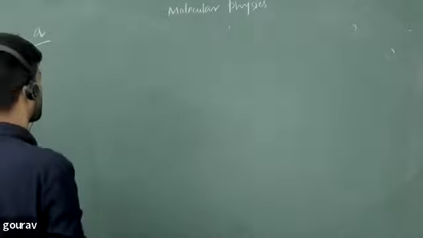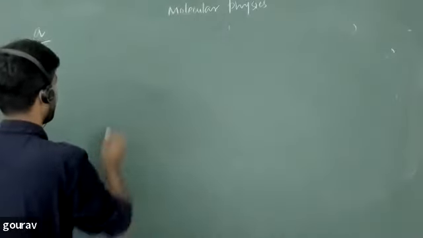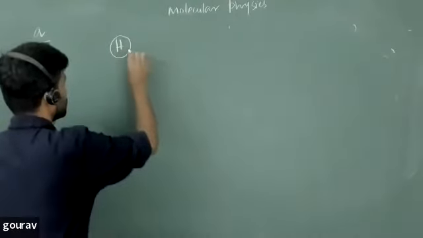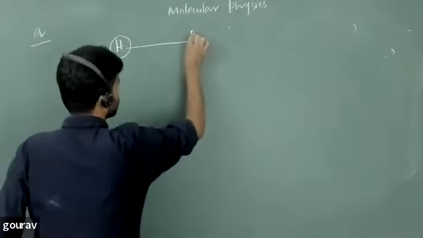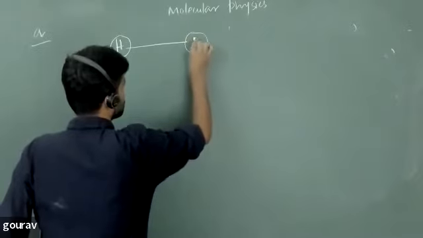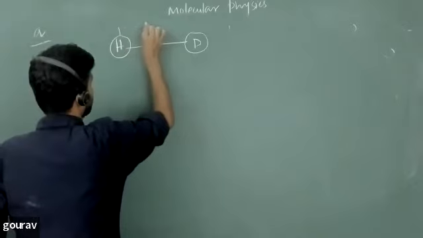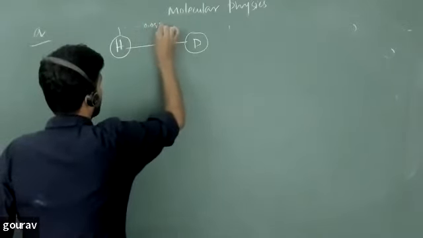Second problem. There is a hydrogen deuterium molecule. Its bond length is given as 0.08 nanometer.